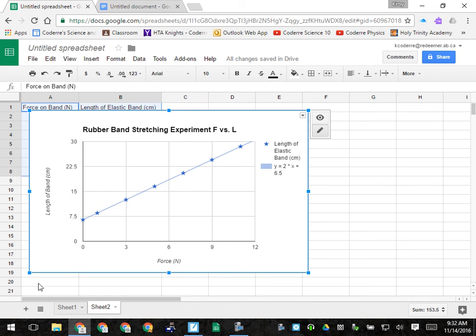Now, an application using this graph. I'm going to go into the Smartboard software again, so you might want to write this down on your sheet, because it's an additional problem to do with this graph.